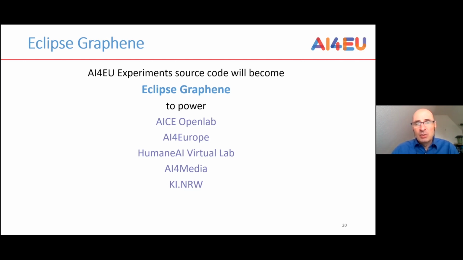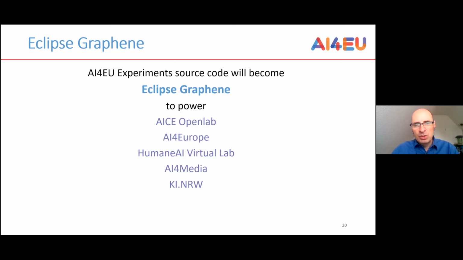So the latest news is the Acumos project will be archived at the end of the year, and it will basically be continued as a branch called Eclipse Graphene, and we are happy that we can use it in follow-up projects. It will be used in the IAIS Open Lab, as Boris and Gael have presented.